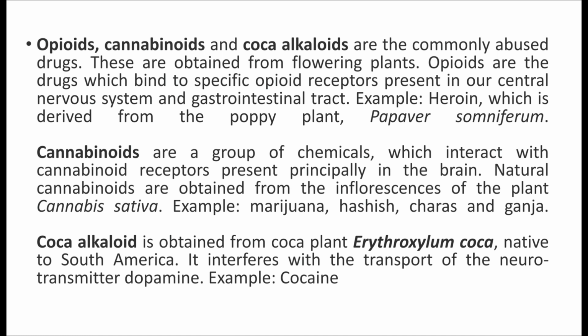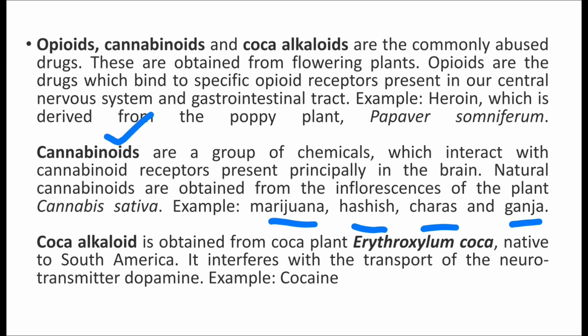For example, heroin, which is derived from the poppy plant Papaver somniferum. Then cannabinoids, a group of chemicals which interact with cannabinoid receptors present in our brain. Natural cannabinoids are obtained from the inflorescence of the plant Cannabis sativa. For example, marijuana, hashish, charas, ganja. These are the examples of cannabinoids.